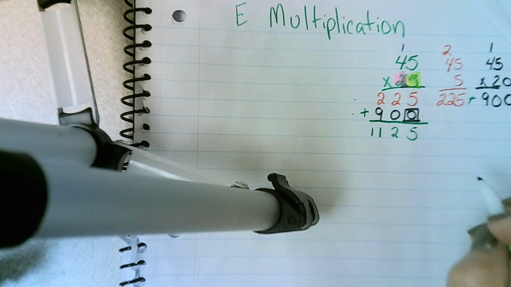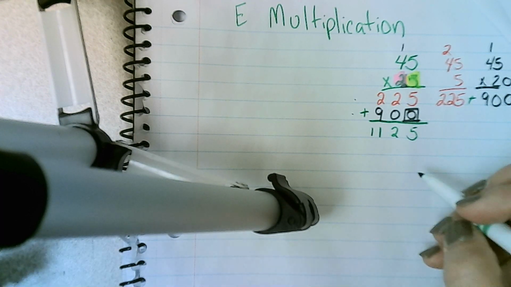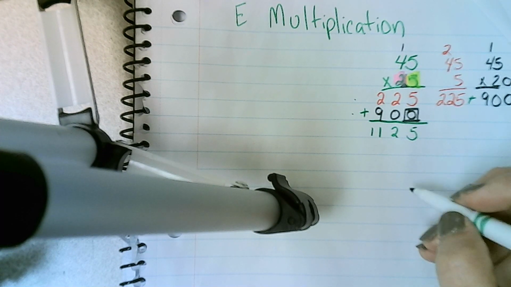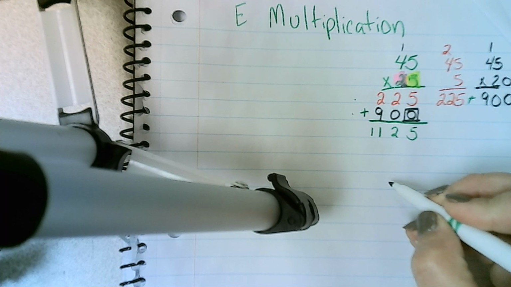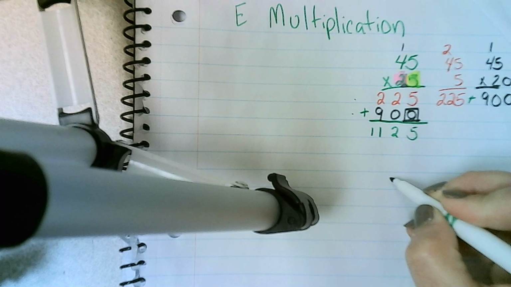And this time I'm going to show you how to use a multiplication grid. You were supposed to learn your multiplication facts in 3rd grade. I know some of you are still struggling with them. And if you do not know your multiplication facts, it is nearly impossible to get a multiplication problem correct.